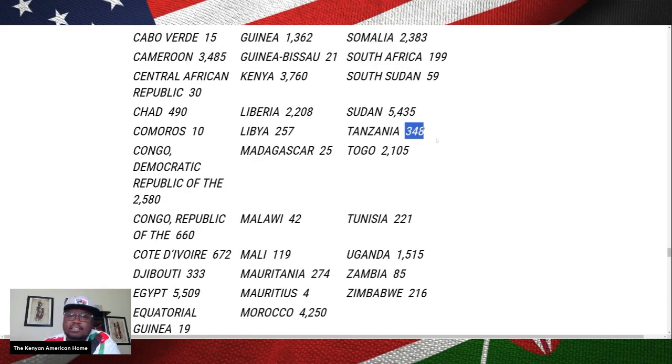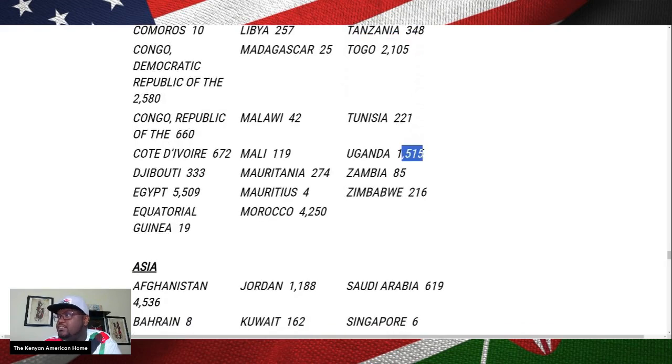So Tanzania went up by like 100 or so. South Sudan still high. Wait, what happened? There's Sudan and there's South Sudan. Sudan 48 to 54. Wow, there were like 600 more people from Sudan selected. So it went up high.